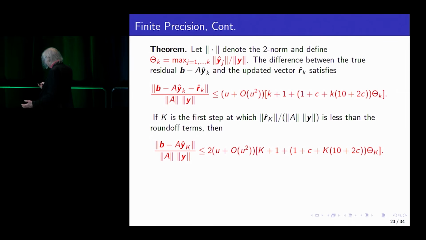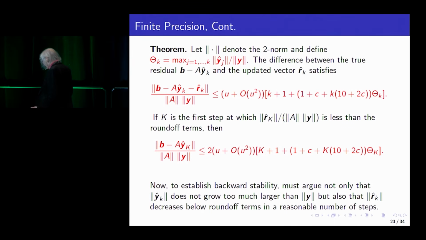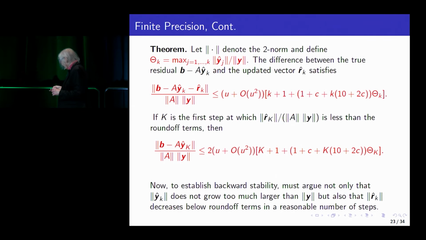So in order to get a good result here, to establish backward stability, we must now not only argue that the norm of y_k hat does not grow too much larger than the norm of y, that's that theta_k factor, but also that the norm of this updated vector decreases below round-off in a reasonable number of steps.